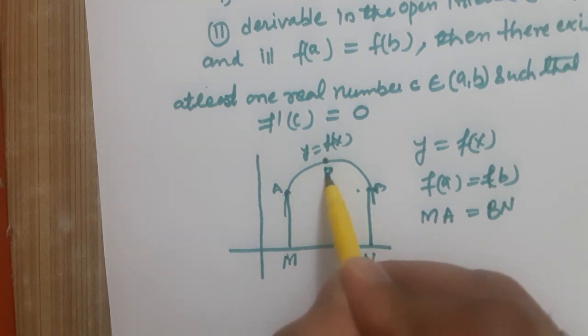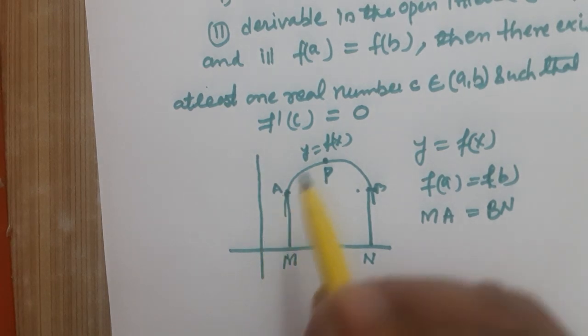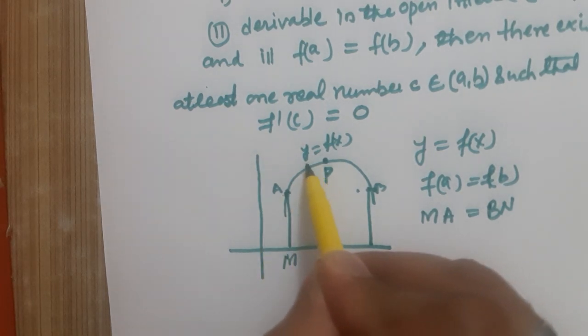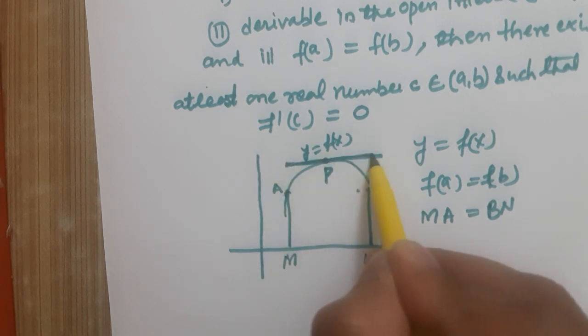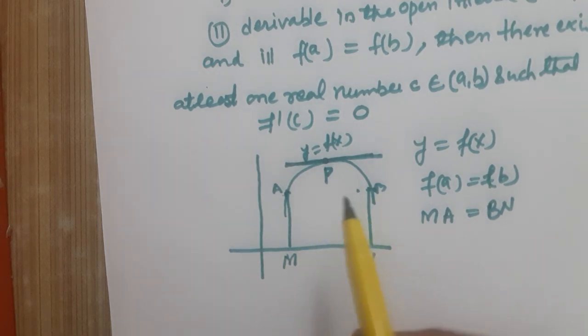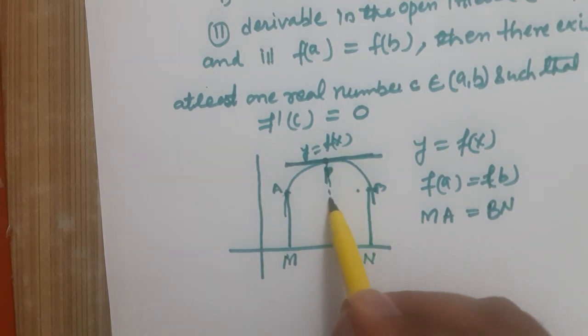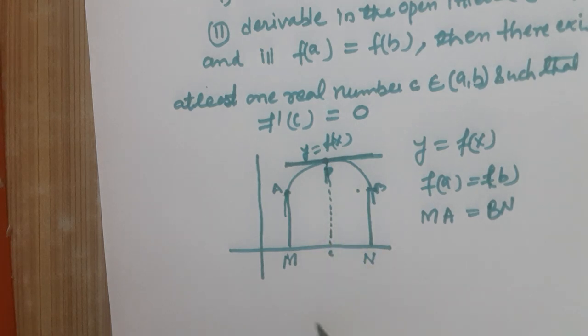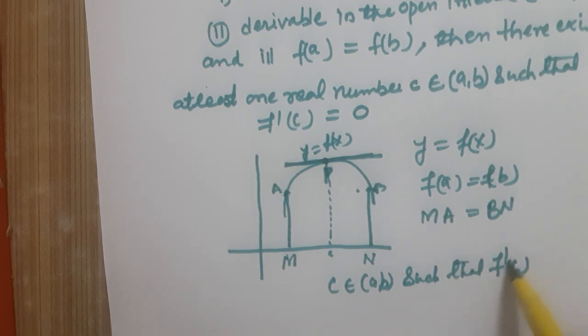I name it P point, such that the tangent at which is parallel to the x-axis. That is, there exists at least one real value C belongs to A to B such that f dash C equal to 0.